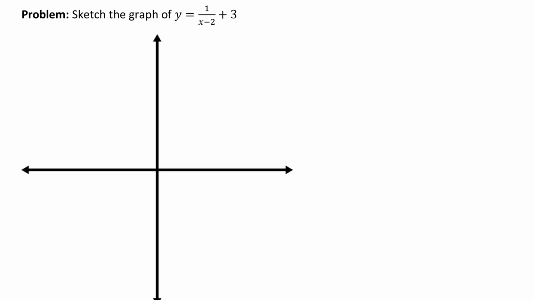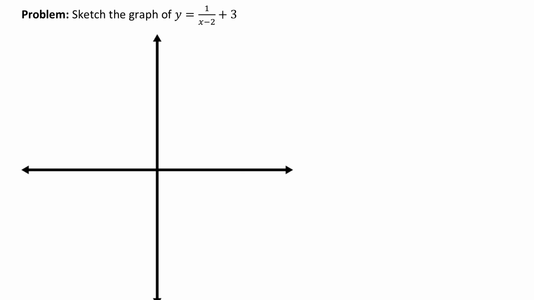Now what if we did 1 over x minus 2, plus 3? Well, this is sort of like the other graph, but we've done a couple things to it. We have a minus 2 here, we have a plus 3 here. It's almost like we could consider this a transformation of the underlying graph.